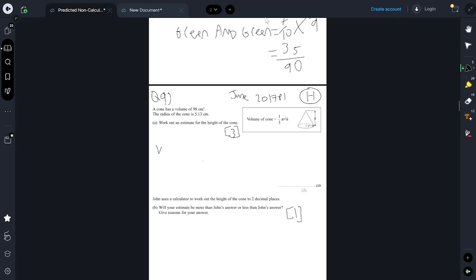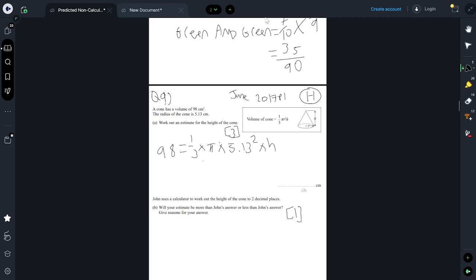So we know the volume is 98, and that's a third times pi times radius squared, the radius is 5.13, squared, times h for height. And that's what we want, the height.